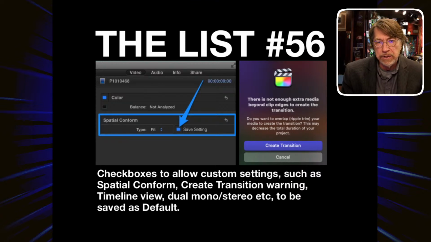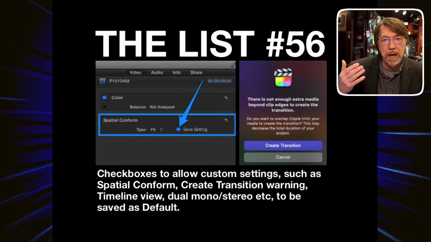Because right now you can't save a lot of these settings as default. Every time you use them and you set them, you have to go back and reset them. So for example, every time I get this create transition warning, not enough media, it pops up. Thousands of times in the last 11 years? Probably. Thousands of times.